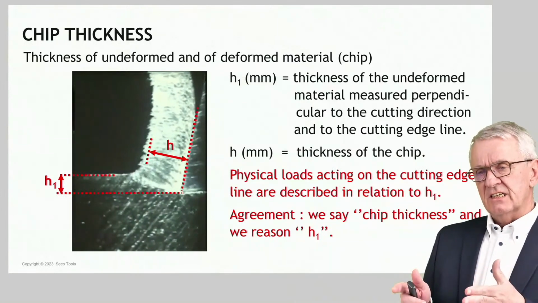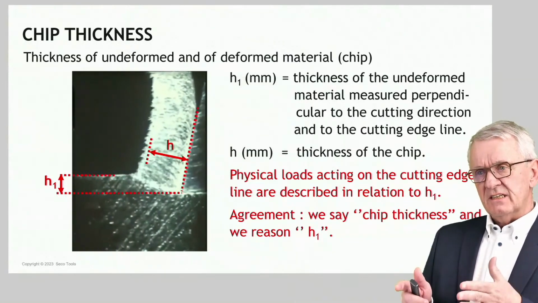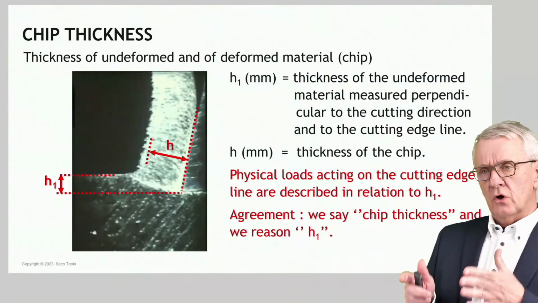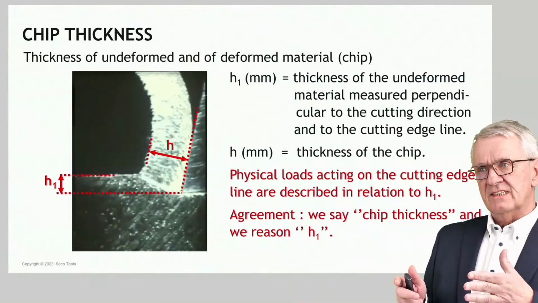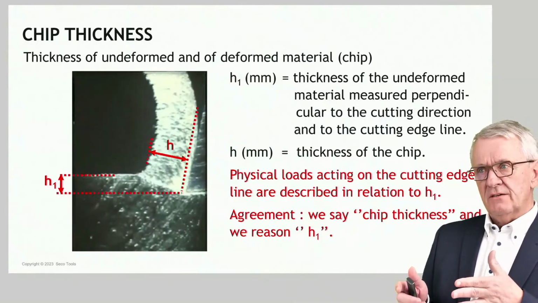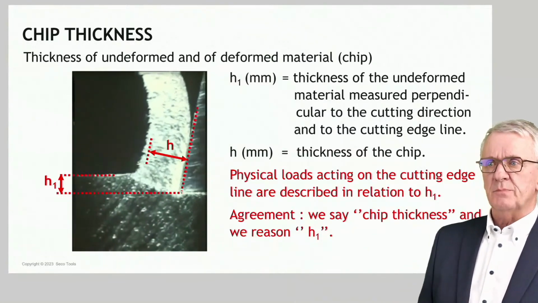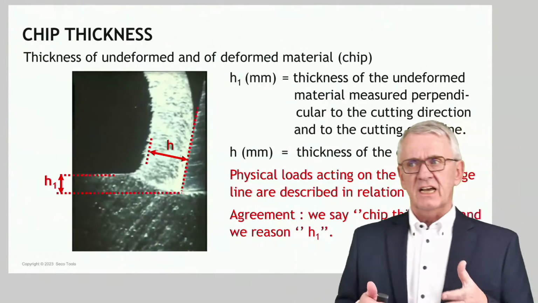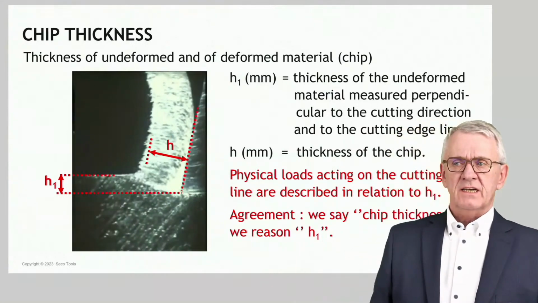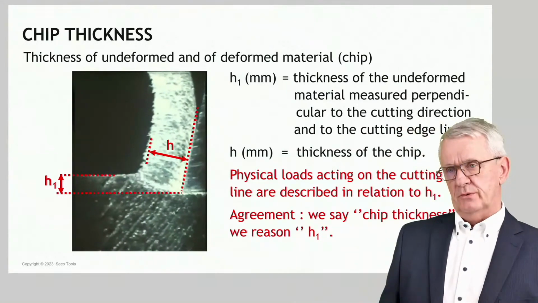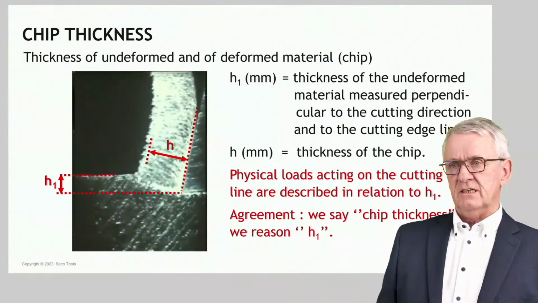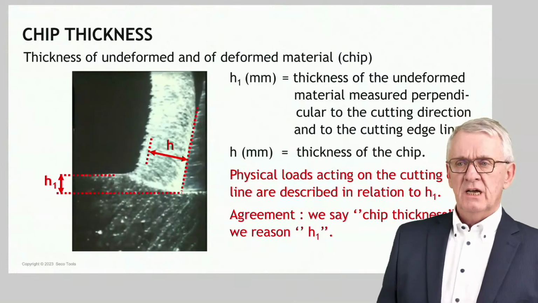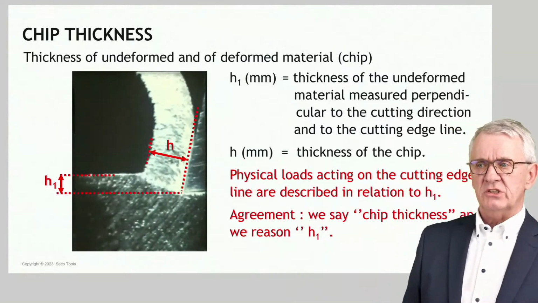That's the thickness in the feed direction, the thickness a cutting edge is going to cut. Next to that thickness of the undeformed material, measured perpendicular to the cutting direction and to the cutting edge line, there is also the thickness of a chip. And we always talk about the thickness of the chip. Here the symbol used is H.